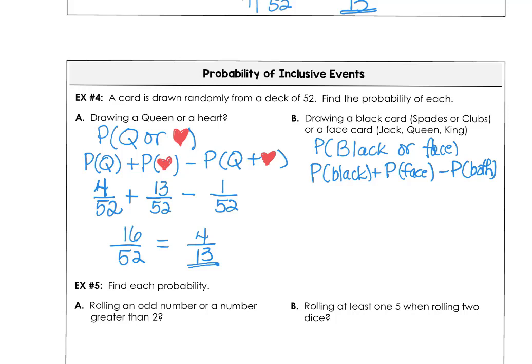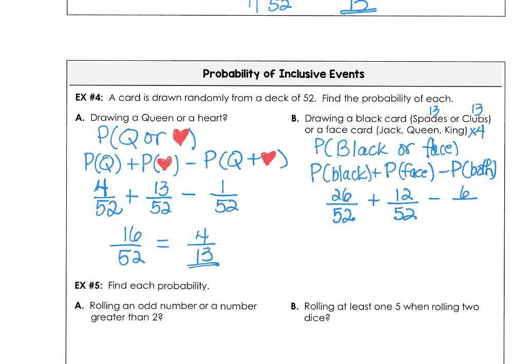So the black cards, there's 2 suits that are black, that's the spades and the clubs, so 13 spades and 13 clubs gives us 26 out of 52, that's half the deck. And then the face cards are jack, queen, king, but there are 4 suits that have jack, queen, king, so 4 times 3, that would be 12 cards out of 52, and then the overlap would be 6 out of 52 cards because there are 2 suits, spades and clubs, that are black face cards.